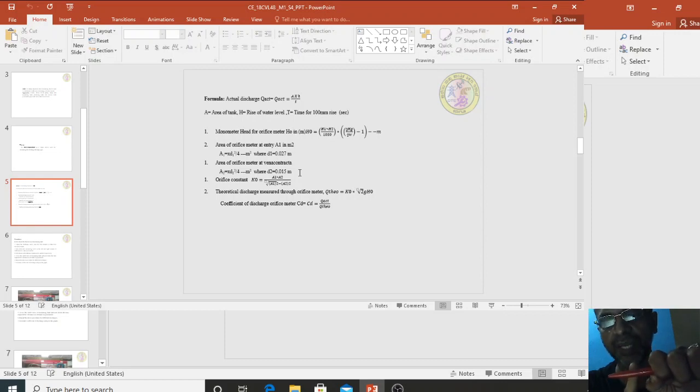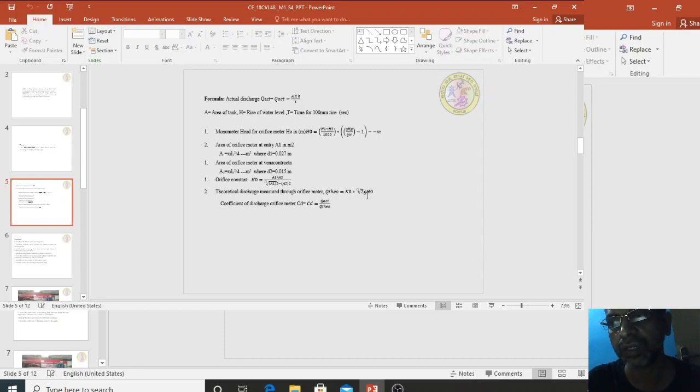So this diameter here is D1, you can see in my finger, here is D1 and here it is D2, here is 0.027, here is 0.015 meter. So substituting A1 and A2 in the orifice constant K0, which is equal to A1 into A2 divided by root of A1 square minus A2 square, will give K0, which is called the orifice constant.